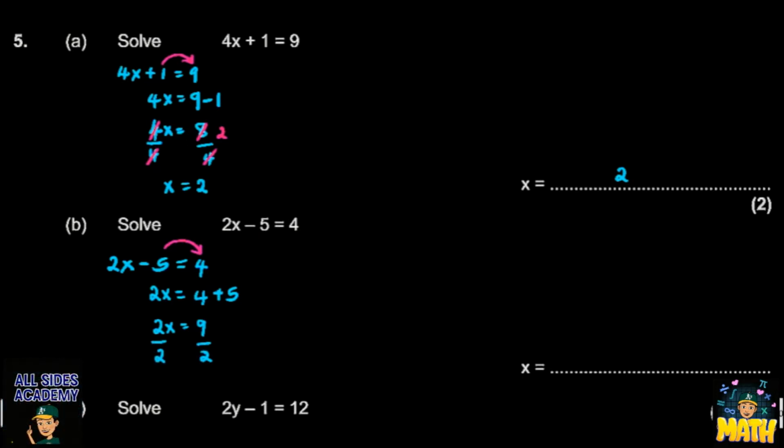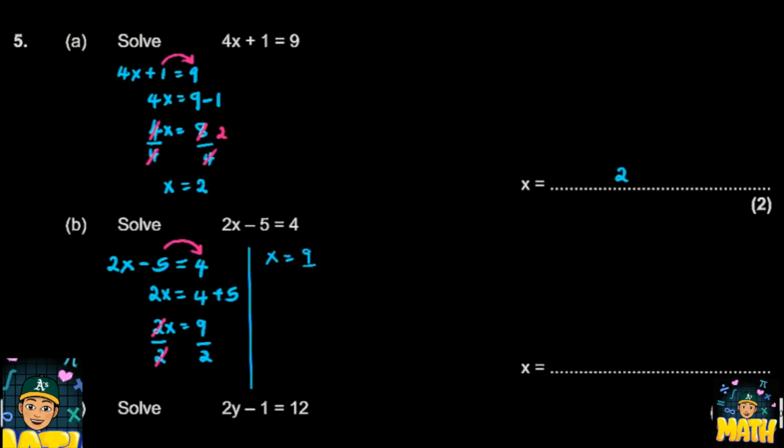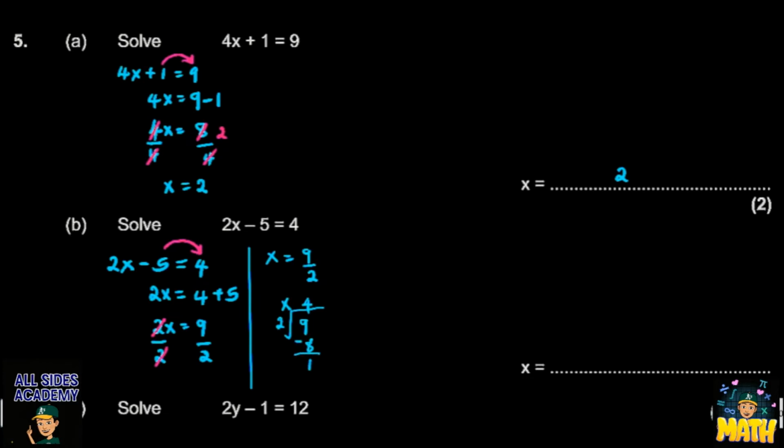The 2s cancel out on my left-hand side, and then x equals 9 over 2. When you divide it, 2 goes into 9 4 times, so 4 times 2 is 8, remainder 1. So the value of x right there will be 4 and a half.